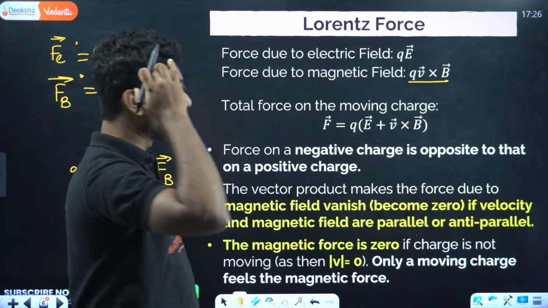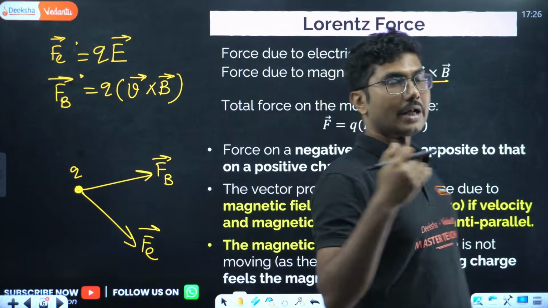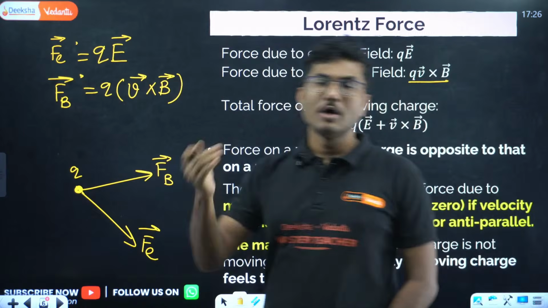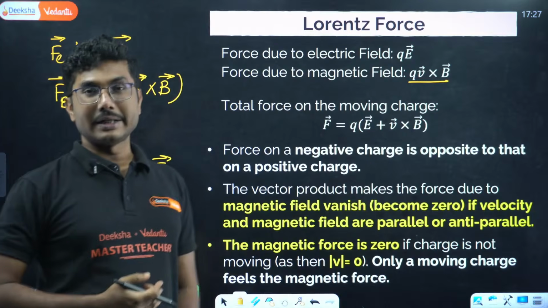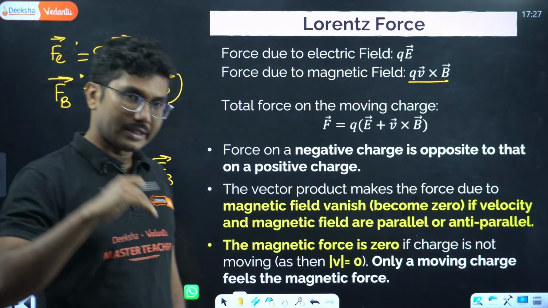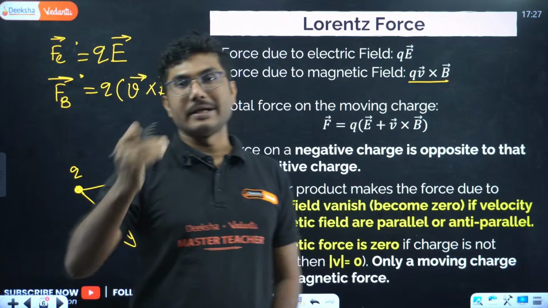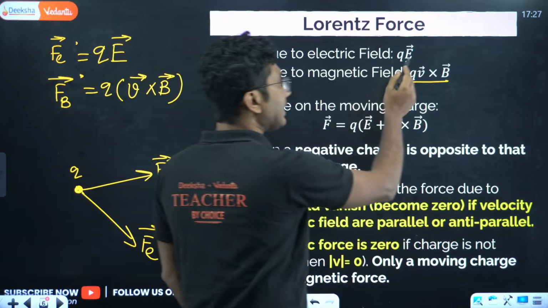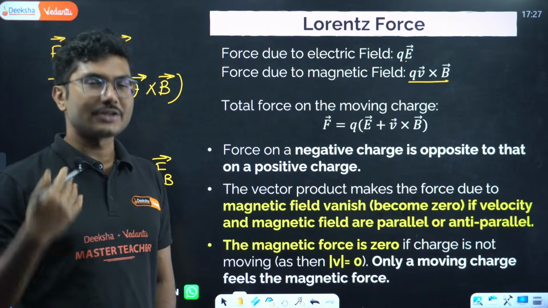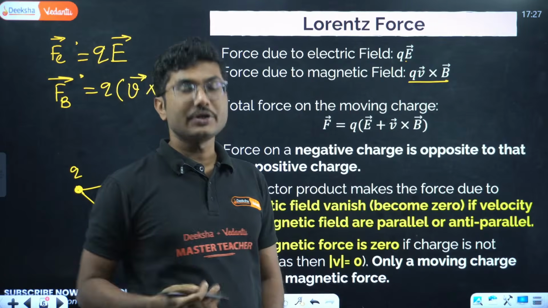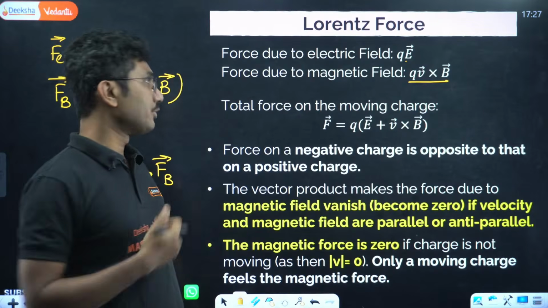The question that will come: what is Lorentz force? Write its expression and explain the terms. Lorentz force is the force acting on a moving charged particle in the presence of external electric and magnetic field. In the presence of external electric and magnetic field, the charged particle experiences a force, and that is called Lorentz force.